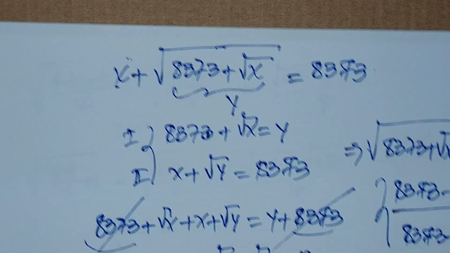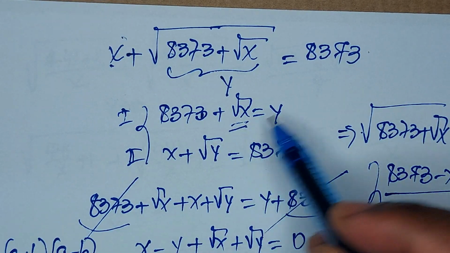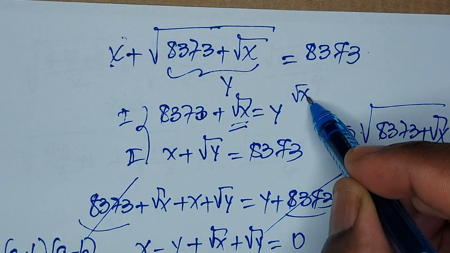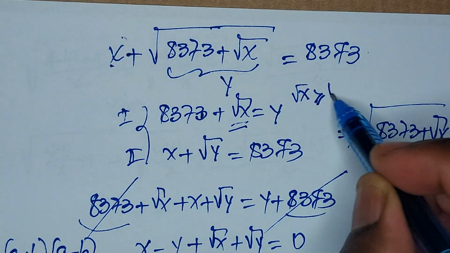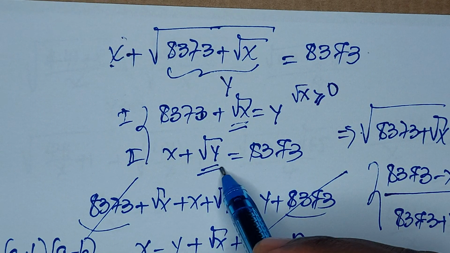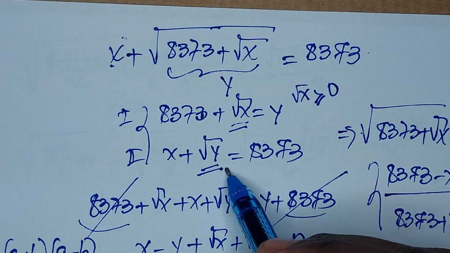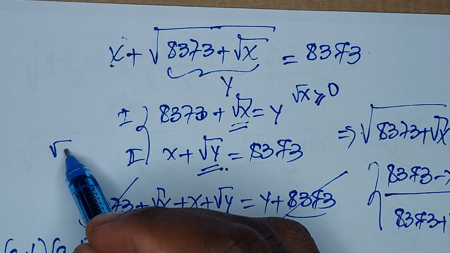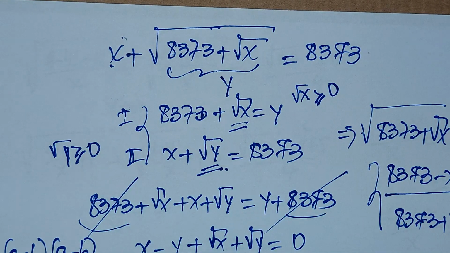But getting back here, guys, square root of x has to be greater than or equal to 0. And here, square root of y has to be greater than or equal to 0.